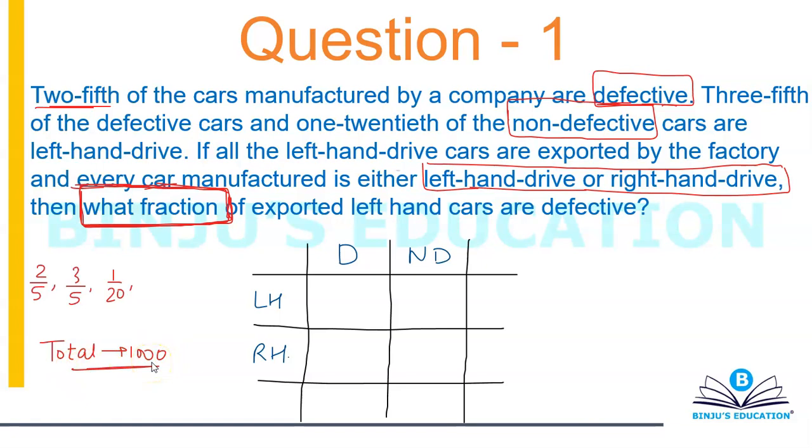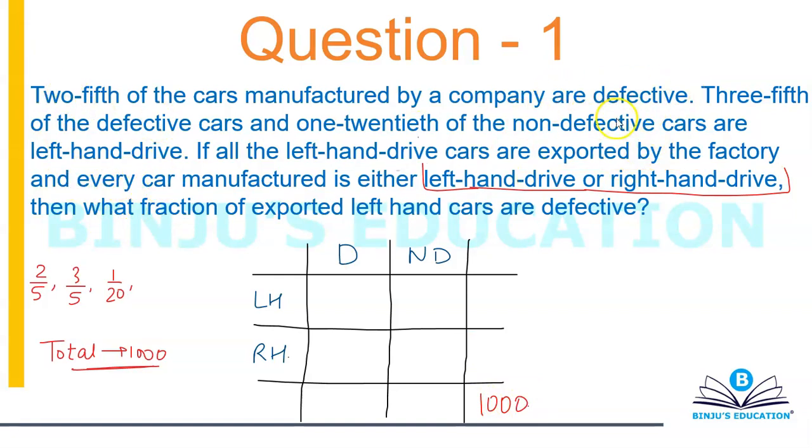And I'm going to just verify it once more that I'm not missing out on any of the fractions. So 2/5, 3/5, 1/20th, manufactured either left hand, no, nothing else is there. So I'm going to take my total to be 1000, that's for sure. Now let's go one by one. Let's read out the statements and let's see what all information can be filled in.